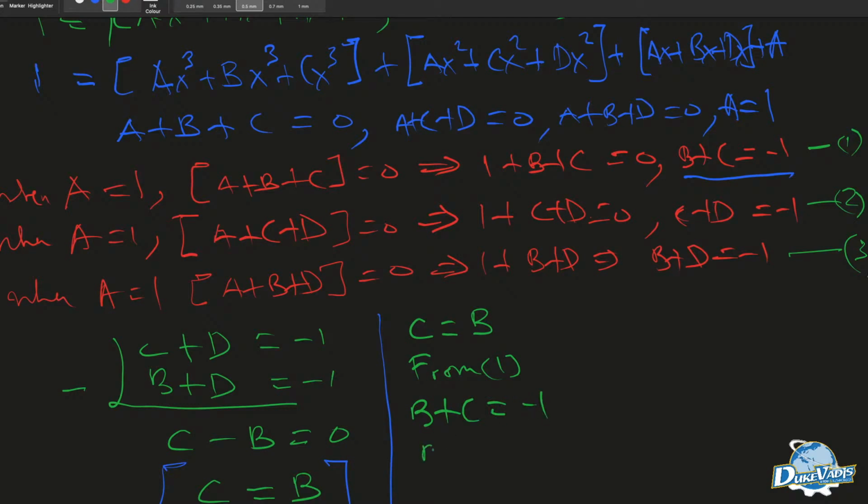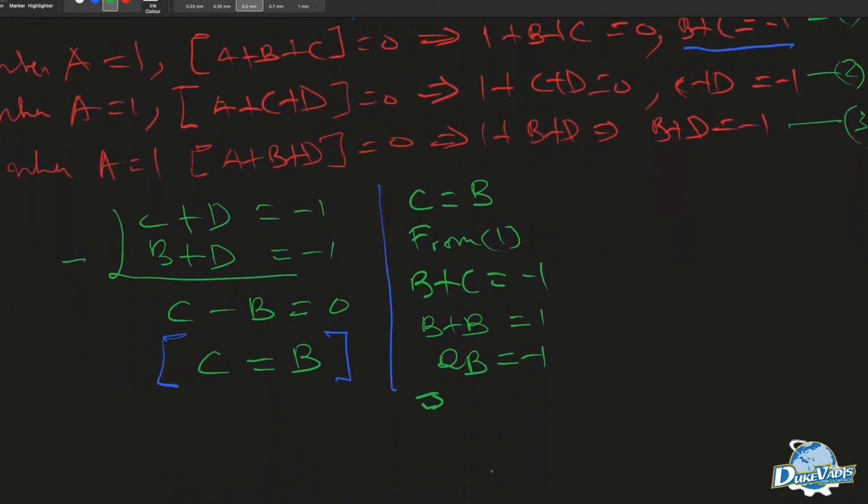So meaning B plus B is equals to -1, meaning 2B is equals to -1 implies that B is -1/2, the half. Okay, we have that one too. So now we have value of B. Now I know B is equals to -half.